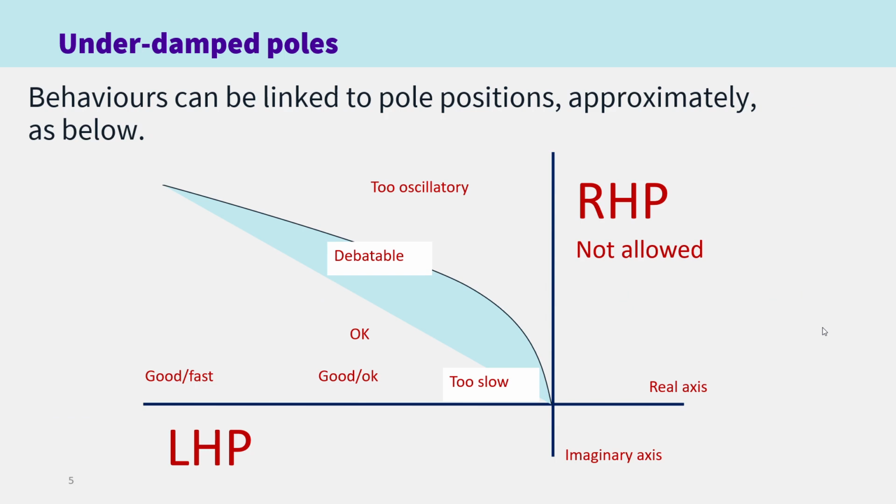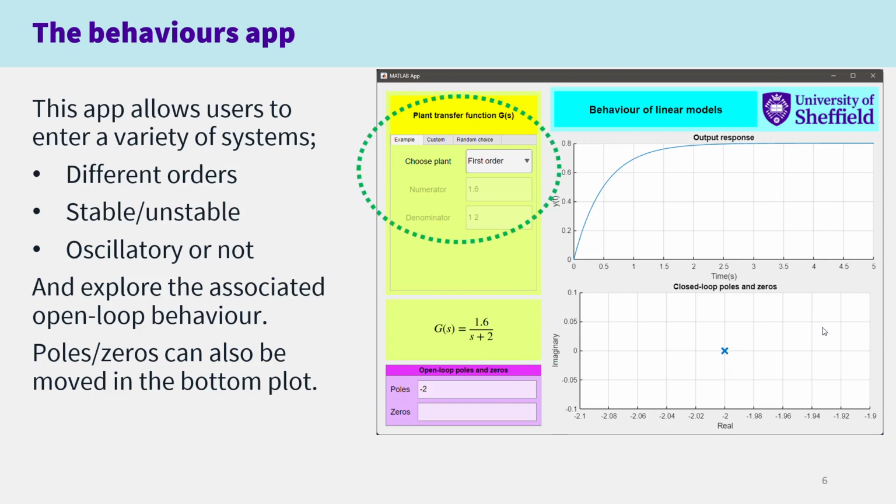You may also notice that you will see pictures like this where the behaviours are linked to pole positions. So poles that have a non-zero imaginary part are oscillatory, and with a large imaginary part, they may be too oscillatory. So the purpose of this app is to help students reinforce understanding of these behaviours.